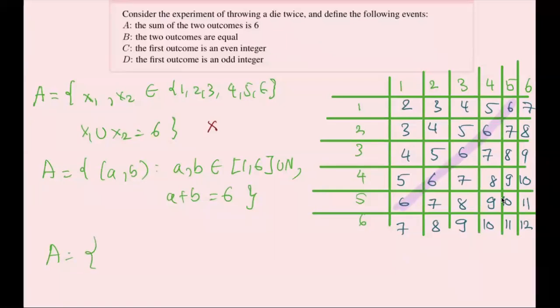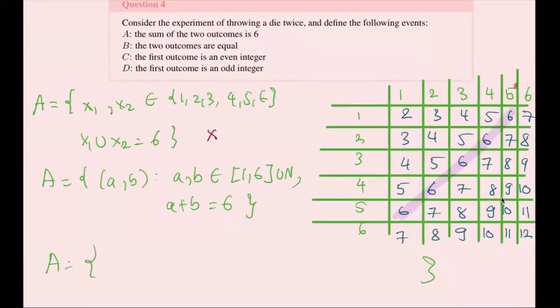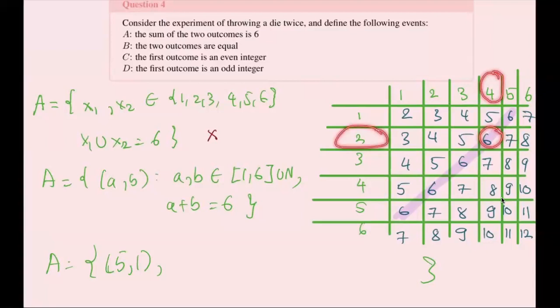So it means that I will look at here. This 6 corresponds to the first row being 5 and the second row being 1. So I will write down 5 and 1. This 6 corresponds to first row 4 and second row 2. So I write down 4 and 2.